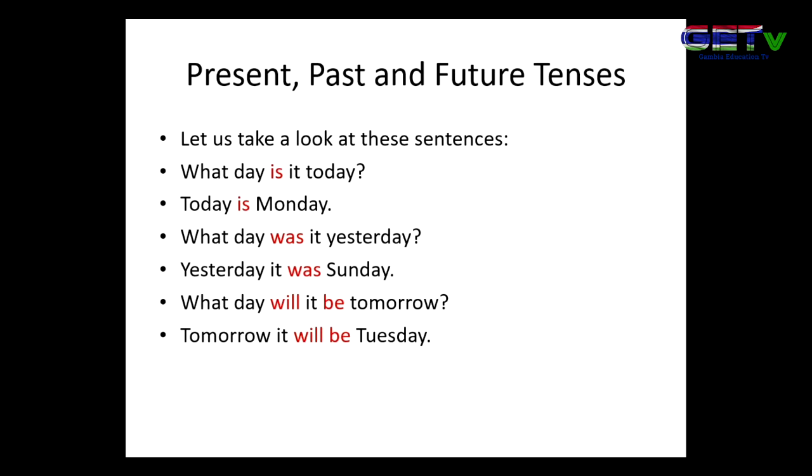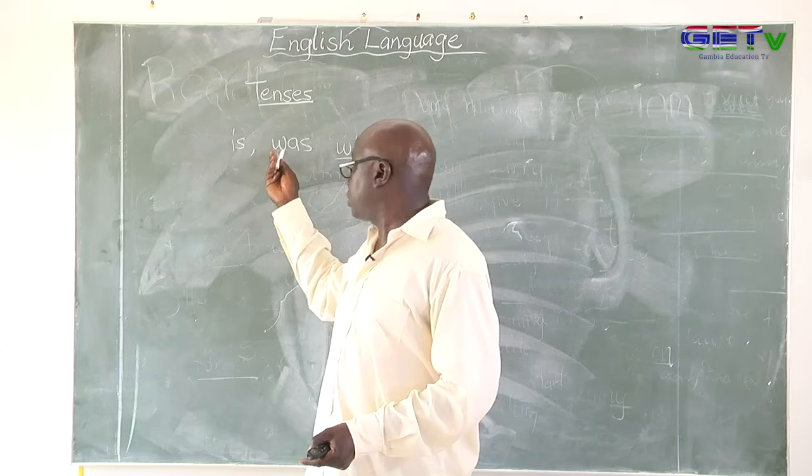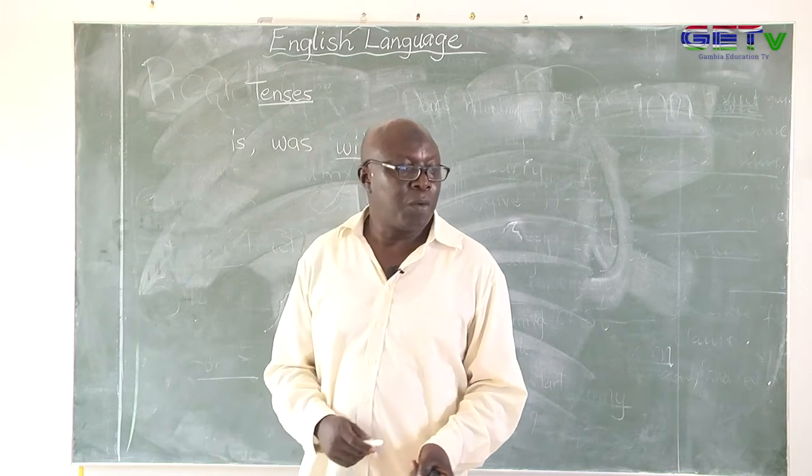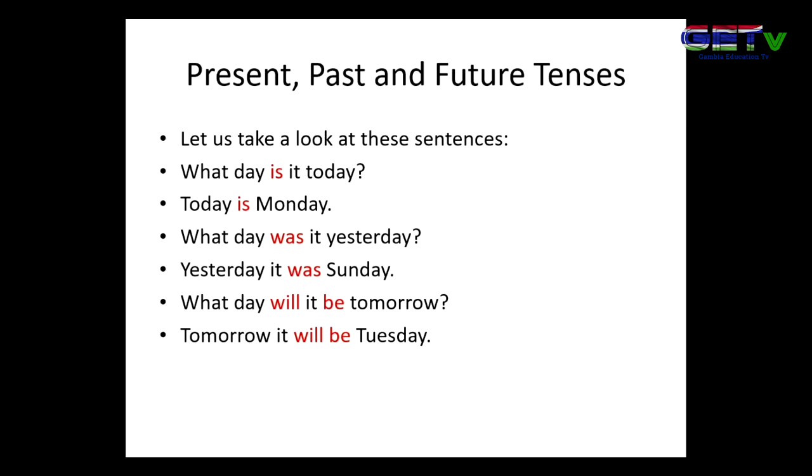The answer to the question says the same, is. Today is Monday. Now, the same question, what day was it yesterday? Yesterday was Sunday. The verb is was. Now, what day will it be? Will be is the verb there. Tomorrow, that is Tuesday.